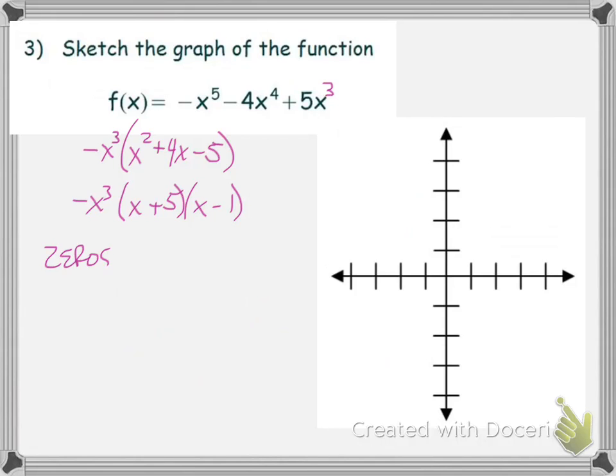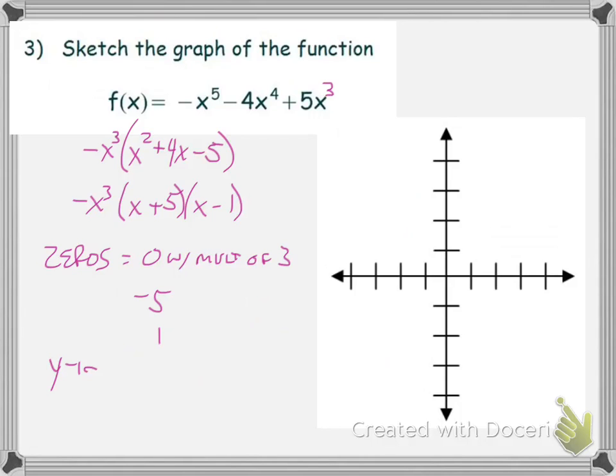So my zeros are going to be 0 with multiplicity of 3, -5, and positive 1.